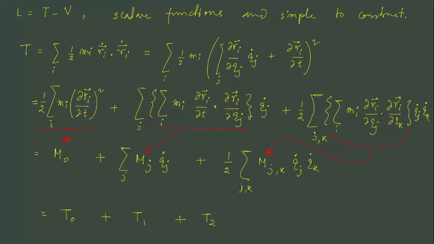Now, the kinetic energy we can write as half mi Ṙi squared, essentially. By square, I mean the dot product. Replace Ṙi using the expression involving the generalized coordinate: ∂Ri/∂Qj, Q̇j, sum over j, and ∂Ri/∂t. The square involves two such quantities taken dot product.